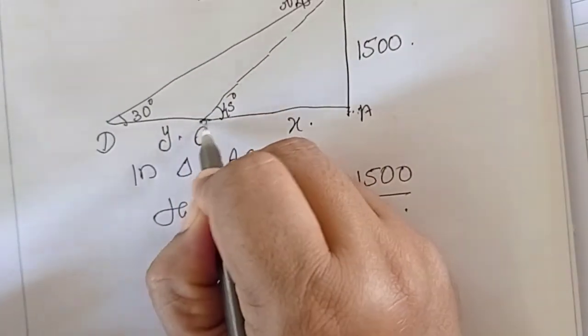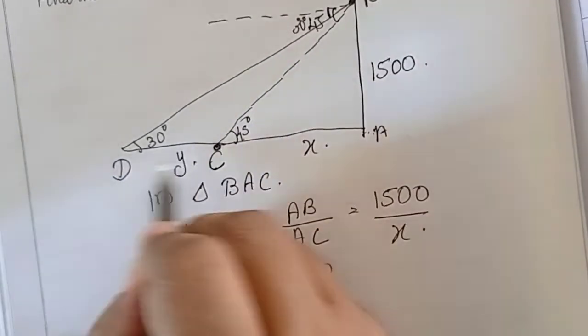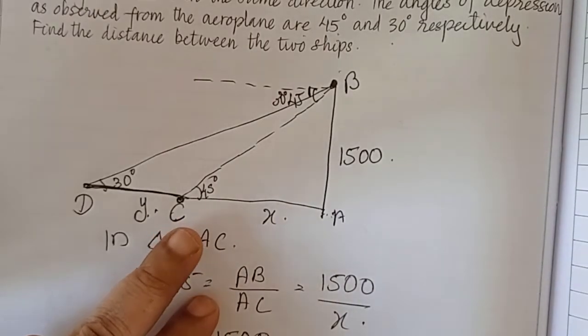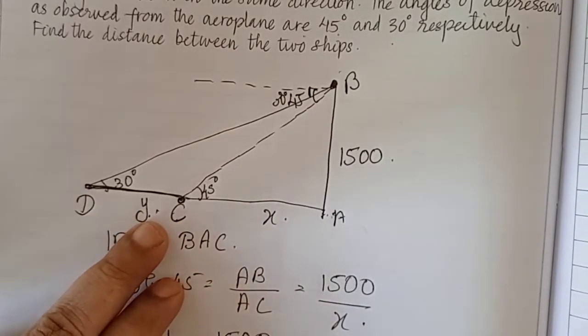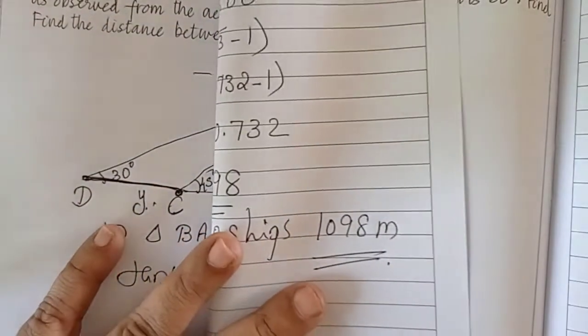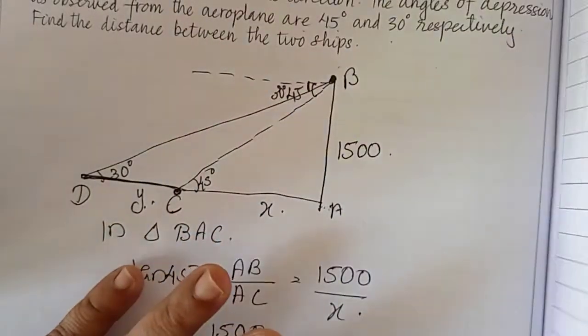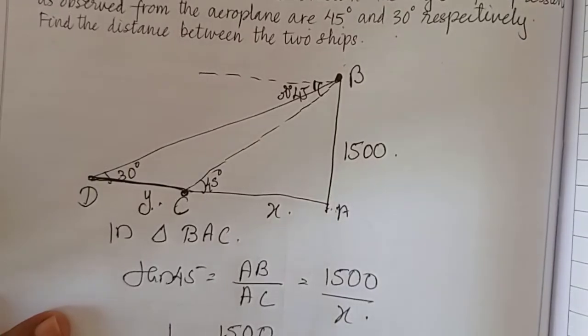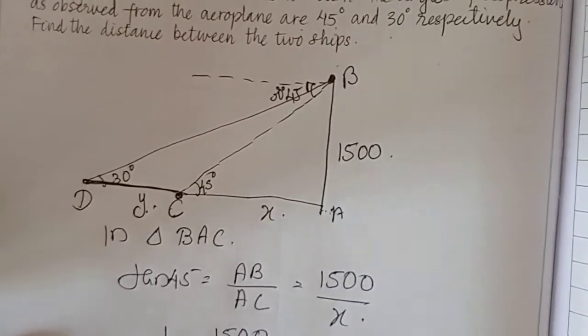That means the distance between the ships. In the first case, the ship is in the place of C, and here the distance between the ships is C and D, that is Y. You got the answer. Y is equal to 1098 meter. The final sentence: distance between the two ships is 1098 meter.